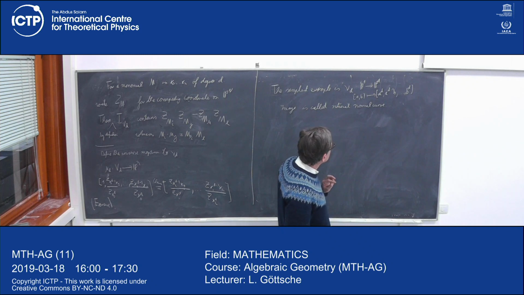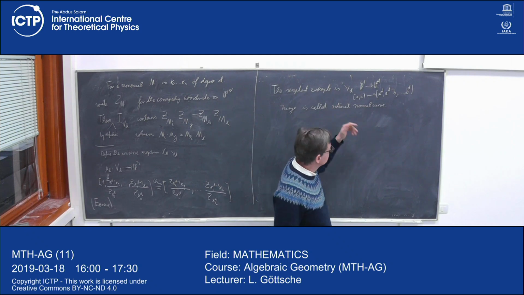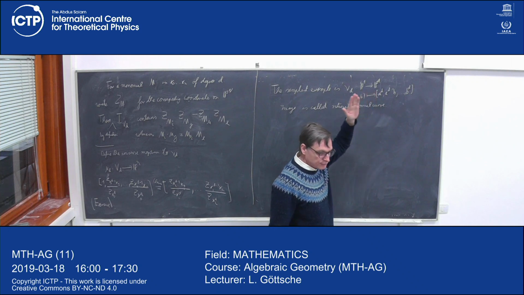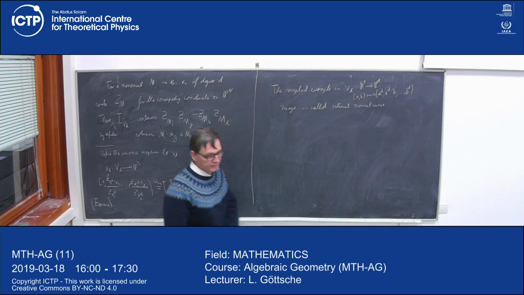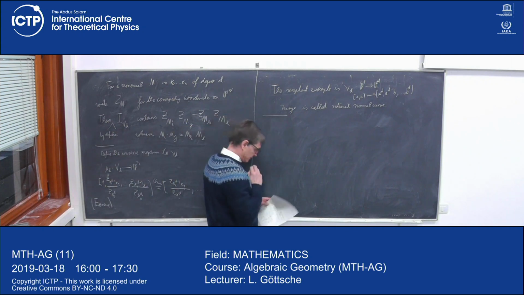And these are, up to projective linear transformations, the only degree d curves in PD which do not lie in a hyperplane. So in that sense, it's also some kind of counterexample to something. So they are always somehow a bit special.